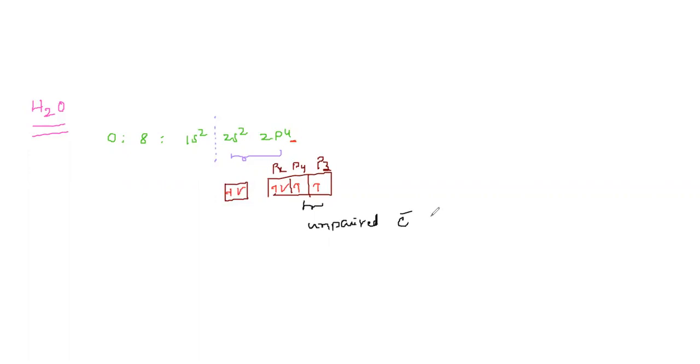Only unpaired electrons are involved in bond formation. Whatever remains, these two, we call lone pairs. Lone pairs do not involve bond formation. So the number of lone pairs is two.